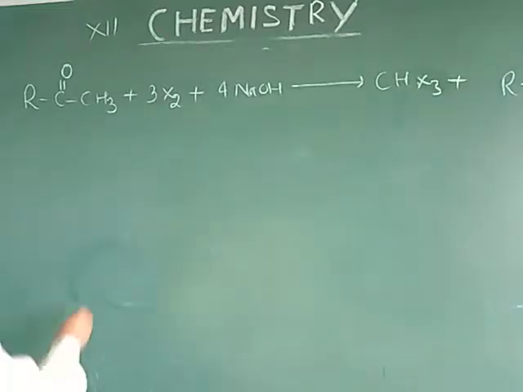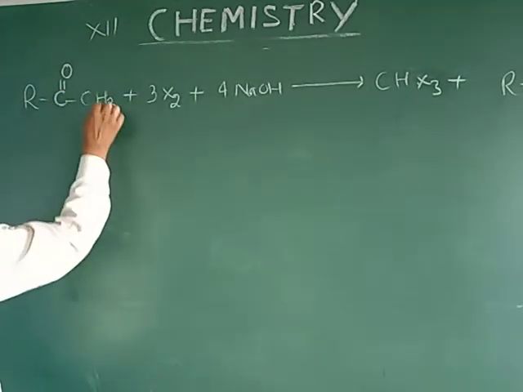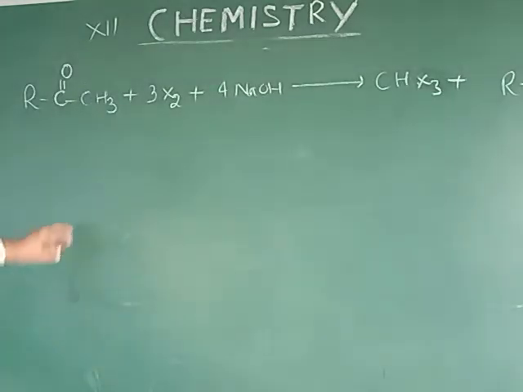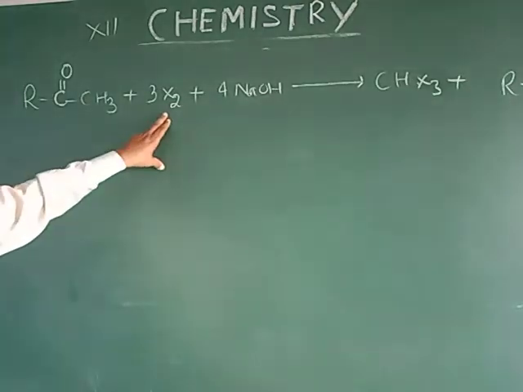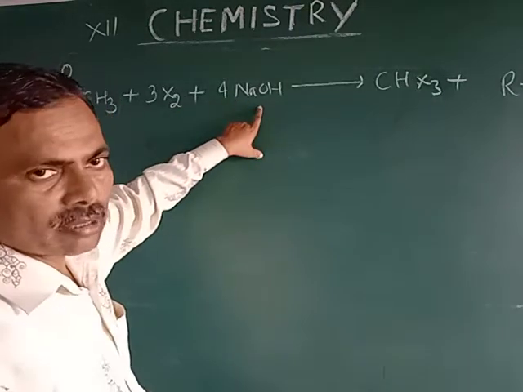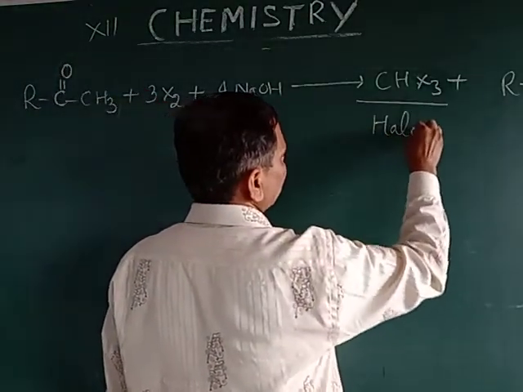You can see this is a carbonyl group containing the methyl group. This is essential for the haloform reaction. It may be H or CH3, whichever; it may be an aldehyde or ketone. When this reacts with any halogen X, chlorine, bromine, or iodine, and sodium hydroxide, we get the haloform CHX3.